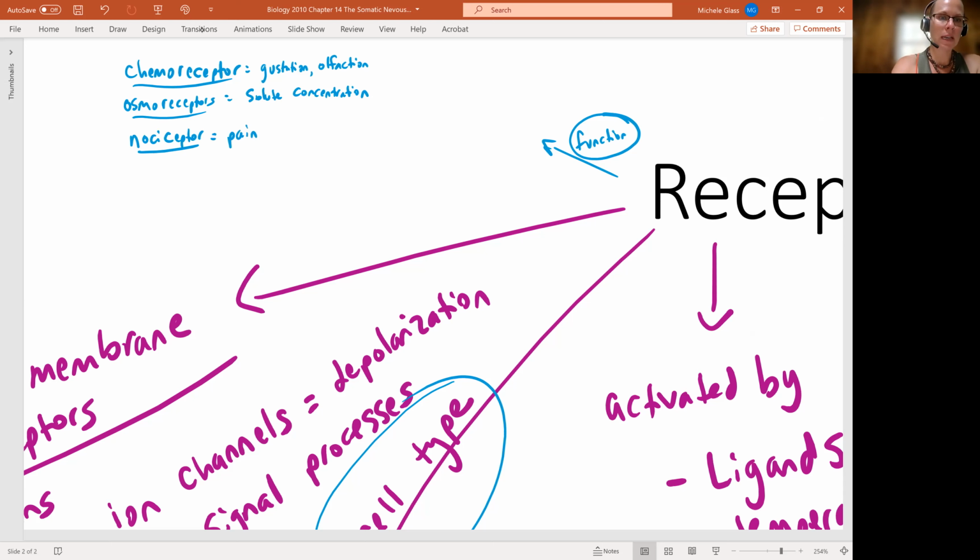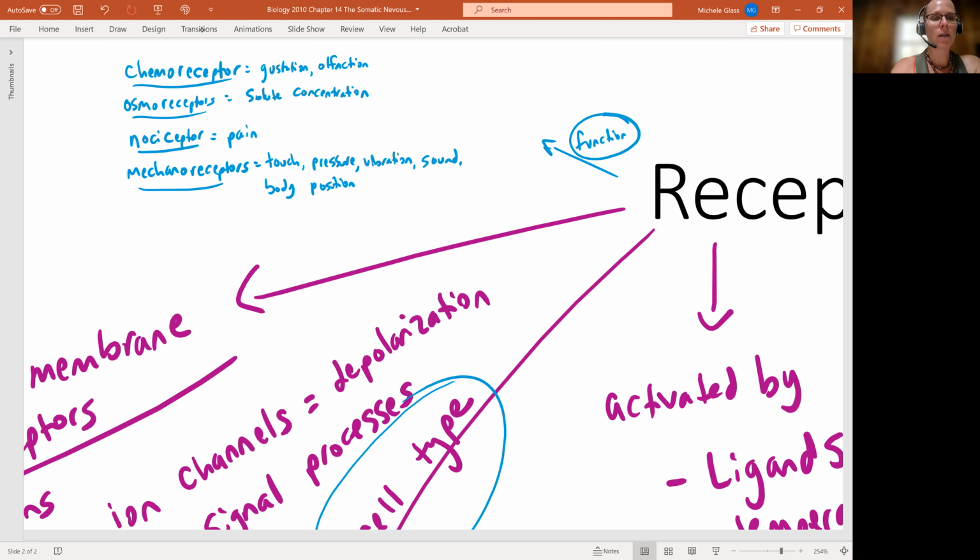We have mechanoreceptors. These are going to have kind of like a physical change, right? These maybe have mechanically gated ion channels. And so these are going to be our sensations of touch, pressure, vibration, sound, body position, head position.